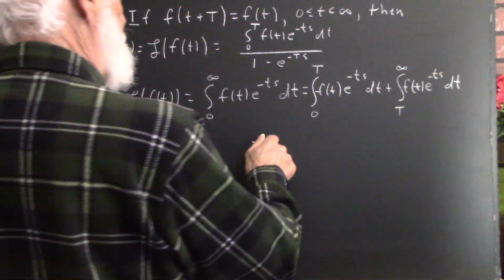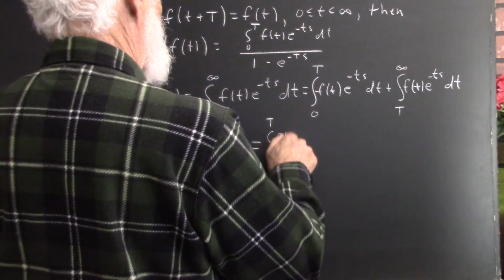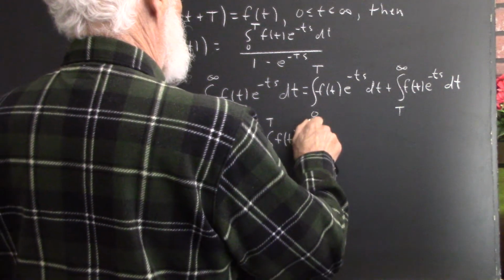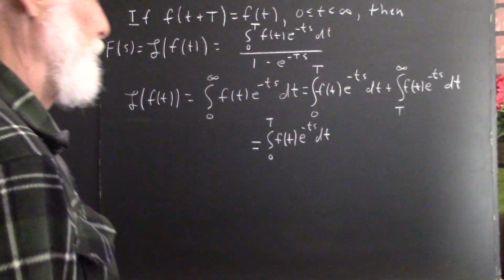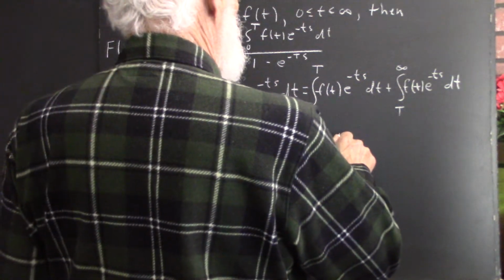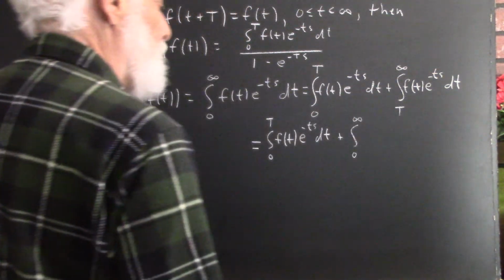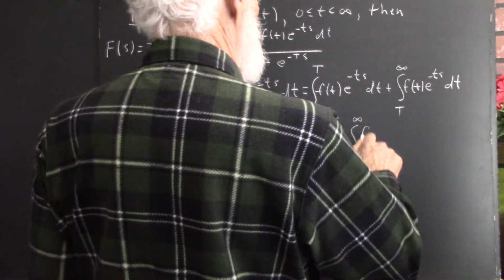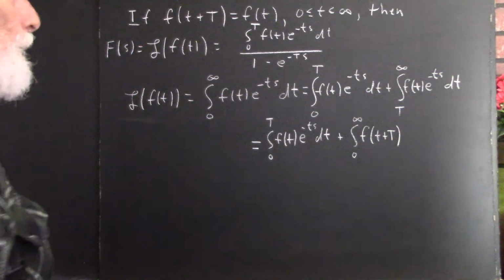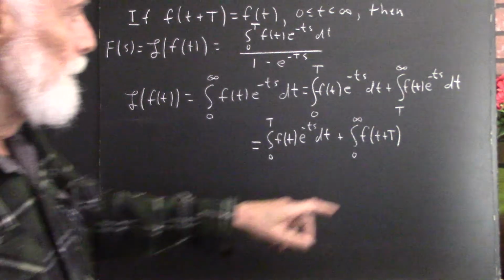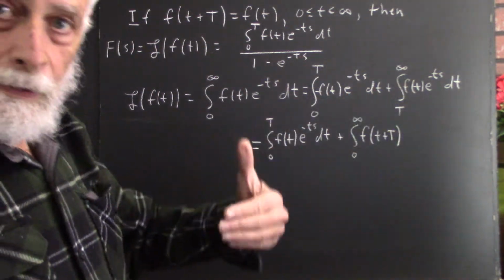Okay, so this is the integral from 0 to capital T of f of t e to the negative ts dt, which is of course going to be our numerator here, plus the integral from 0 to infinity of f of little t plus capital T, because of course when you replace t by t plus capital T, you shift the graph capital T units to the left.